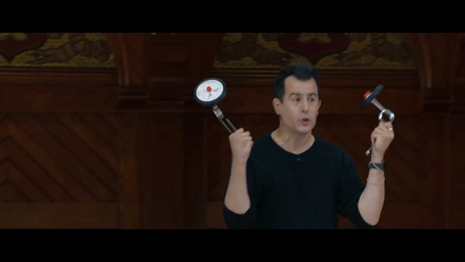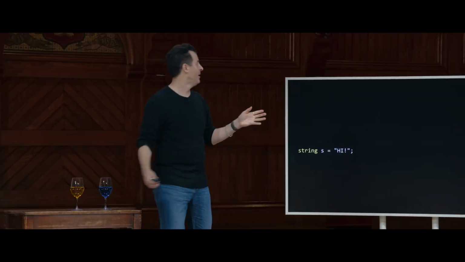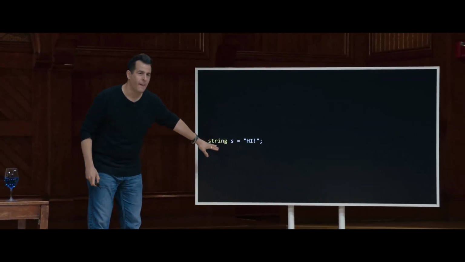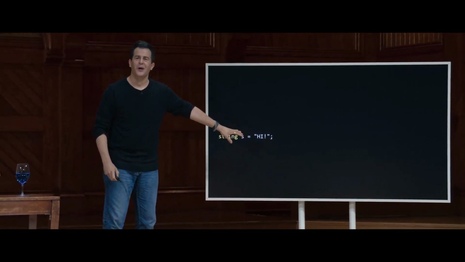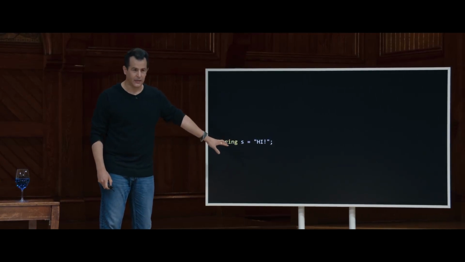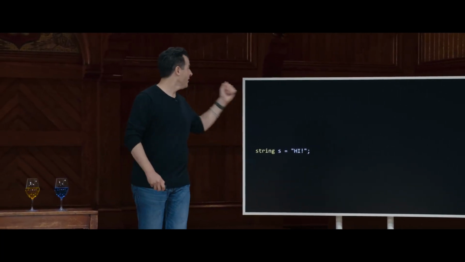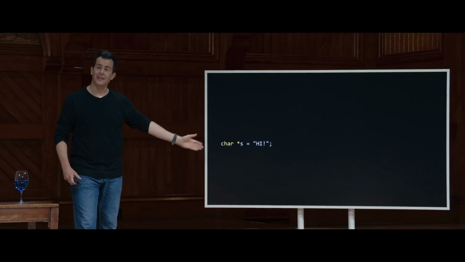And if I can unnecessarily dramatically say, here we take the training wheels off and reveal that all this time, string is probably actually what? Technically? Yeah. A char star.